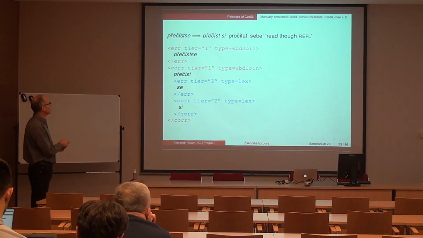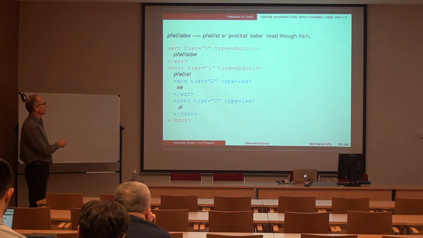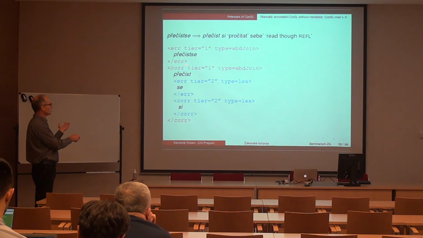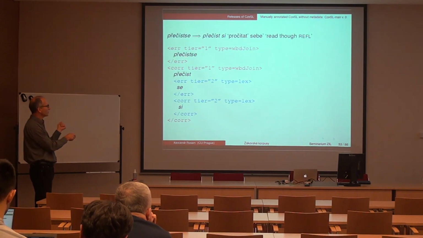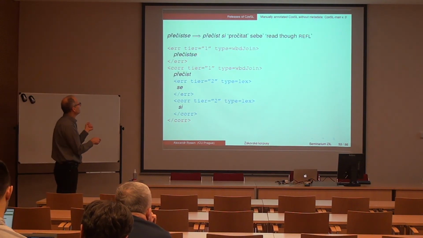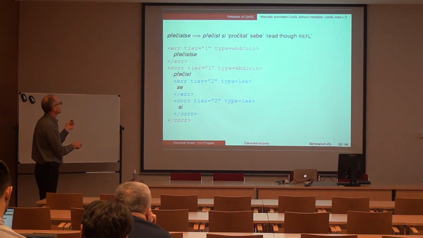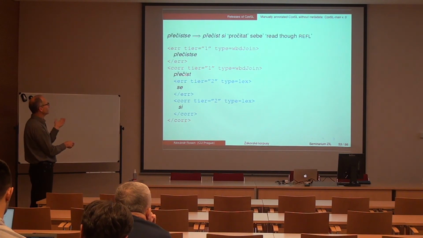So basically, you use these XML elements to bracket the errors. So you say this is an error, and you have to correct that error, and it's of this type. And here, following the error element is a correction element. So you correct it by dividing that into the first part and the second part.